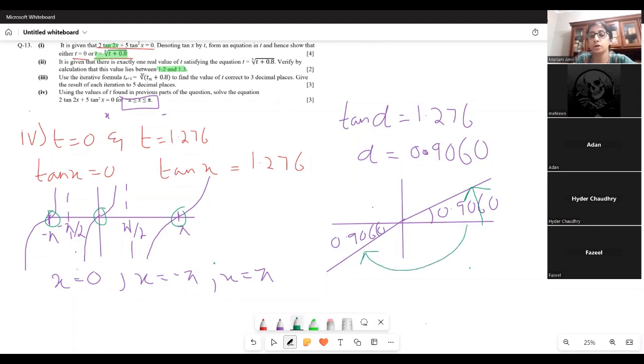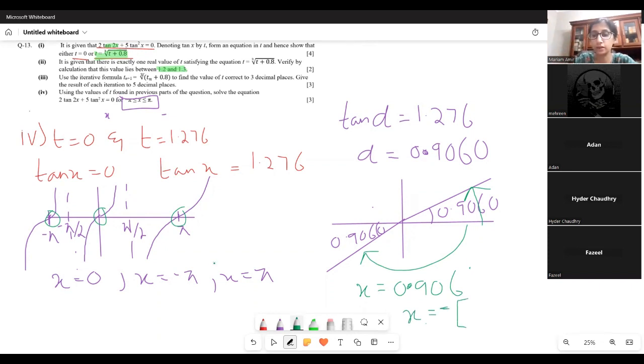That's also between 0 and minus pi. So one of the answers for x is directly 0.906, correct to 3 decimal places or 3 significant figures.